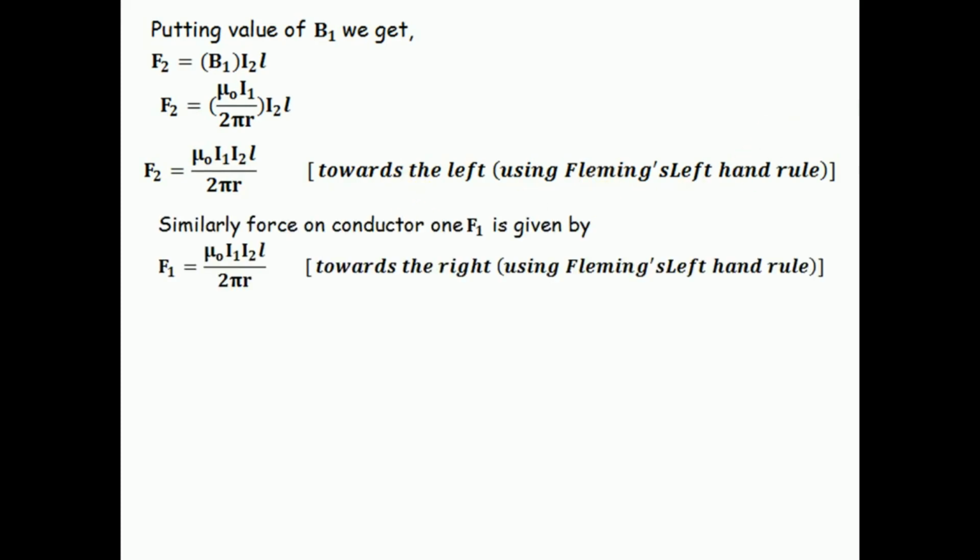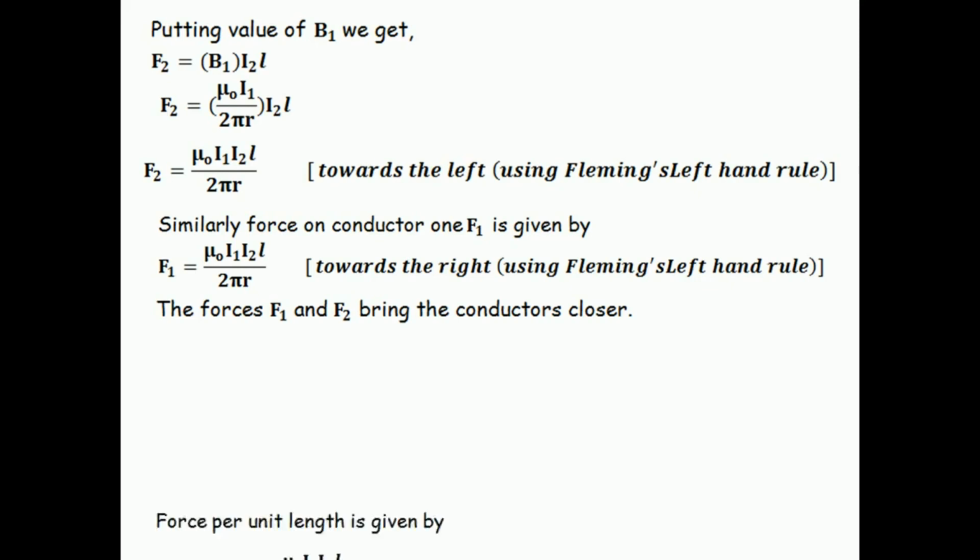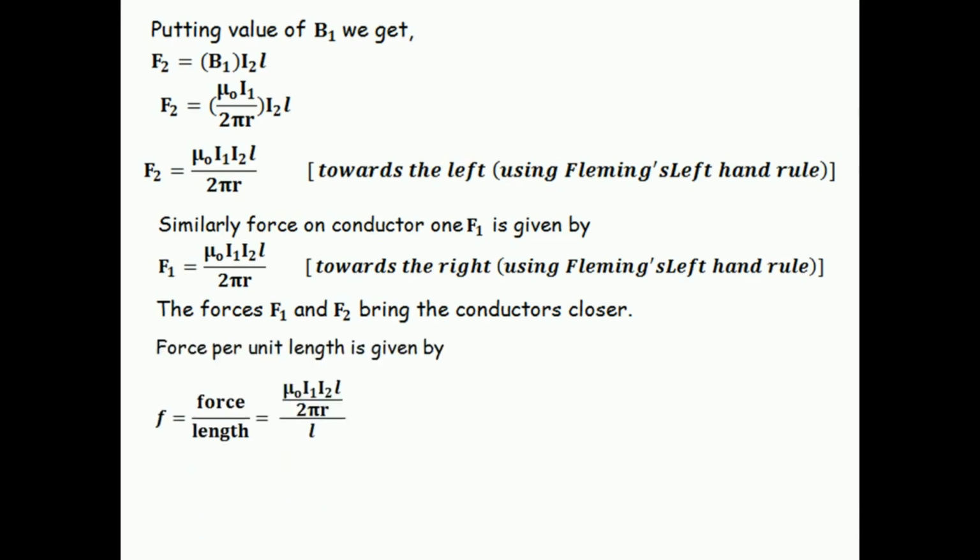Similarly, we can find the force on conductor number 1 due to the magnetic field of conductor number 2. Only the direction will be different, other values will be the same. So now these two forces F1 and F2 bring the conductors closer, and the force per unit length can be written as small f is equal to force by length.